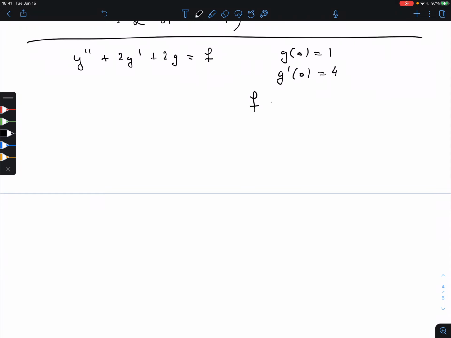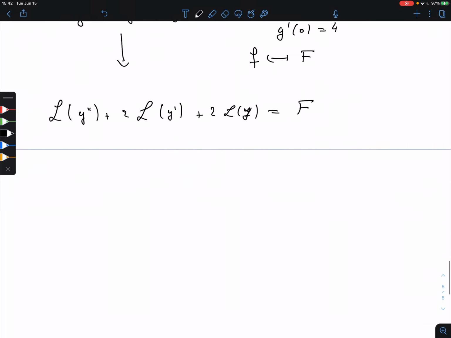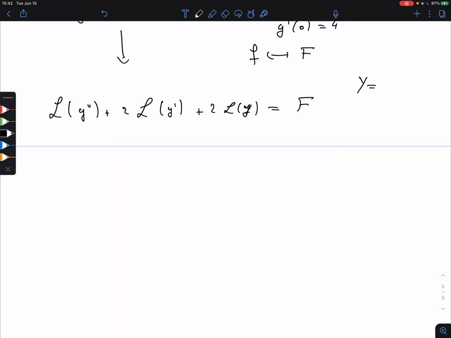Well, we say f has Laplace transform capital F. We don't know what little f is, so for now we write capital F. Then we take the Laplace transform: Laplace of y double prime plus 2 times Laplace of y prime plus 2 times Laplace of little y is now capital F. We called capital Y the Laplace of little y.